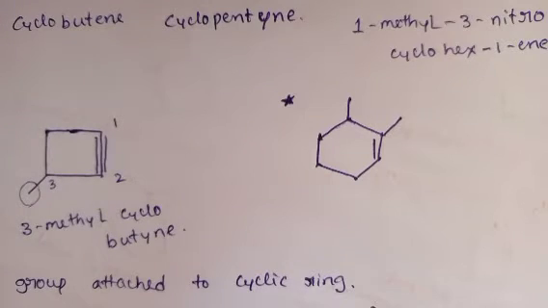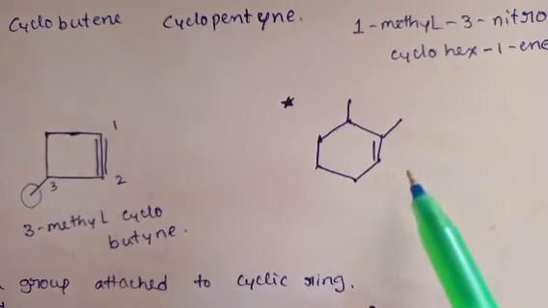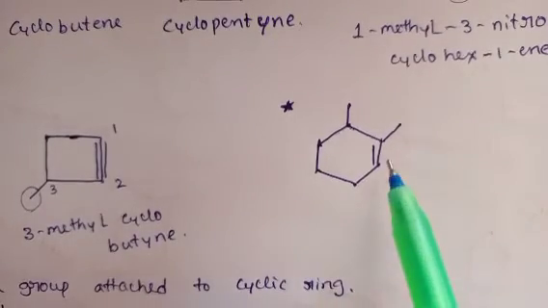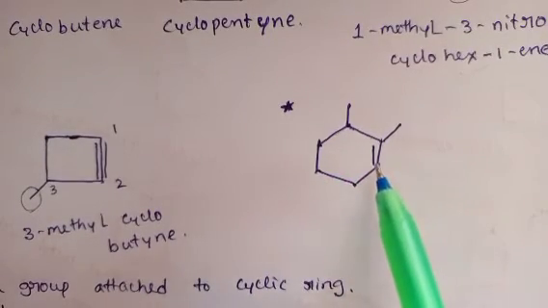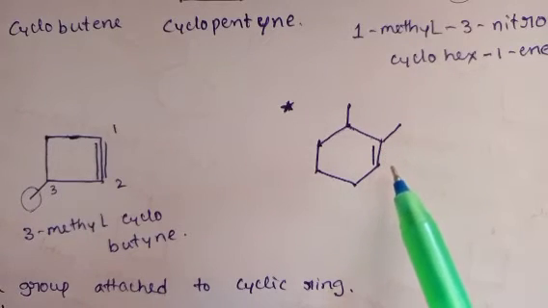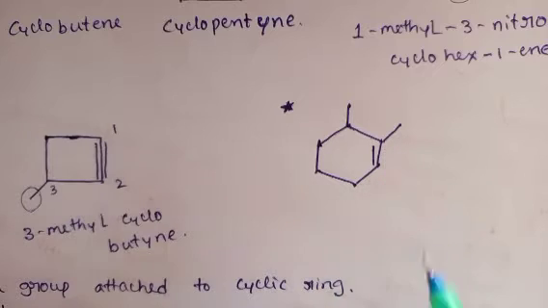This one is very interesting. For this one, a cyclic group is present, a multiple bond is present, and 2 substitutions are present. There is no functional group, a multiple bond is present. Based on that multiple bond, we have to give the numbering.